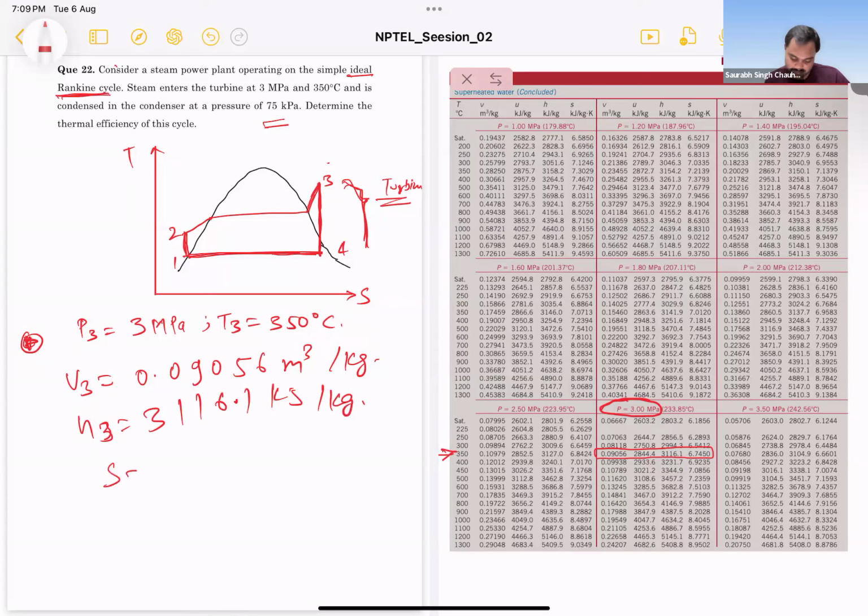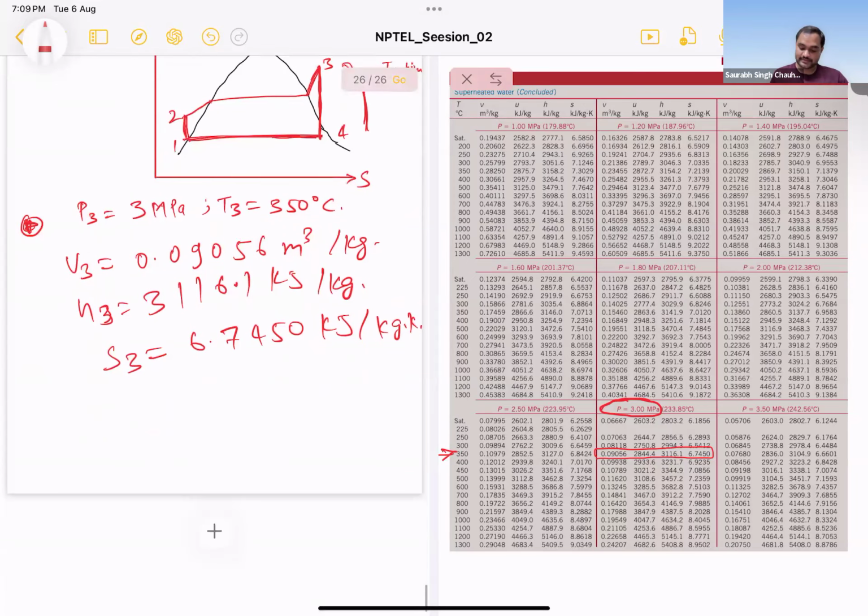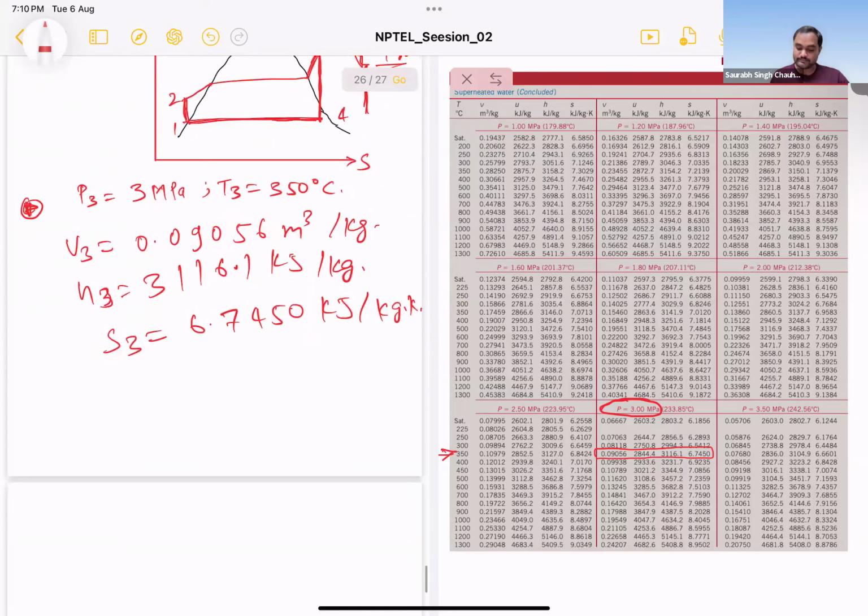Okay, and entropy is given as 6.7450 kilojoule per kg Kelvin. Okay, so these are the quantities given at point 3.